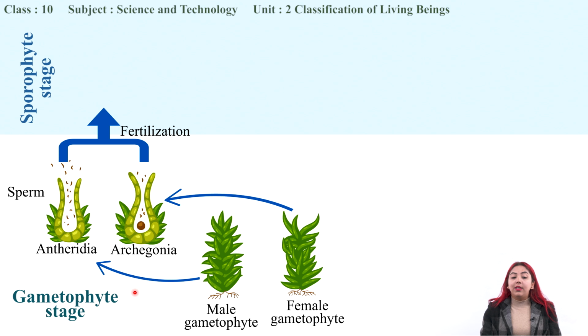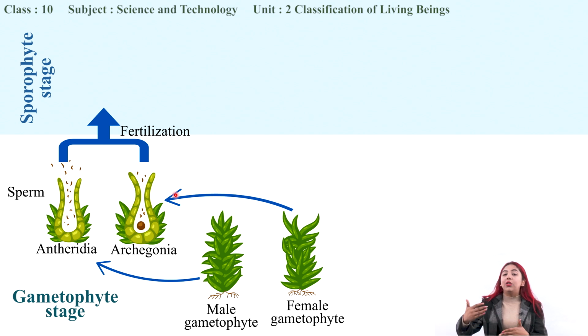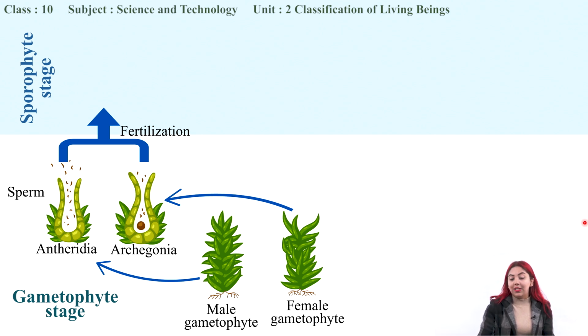Water is also very essential for sexual reproduction in this plant, which is another reason why they are known as amphibian plants. They cannot continue their generation further if there is no water present. So water is a very essential part of this division, the bryophyte division of the plant kingdom. Hence it is called the amphibian plant of the plant kingdom.